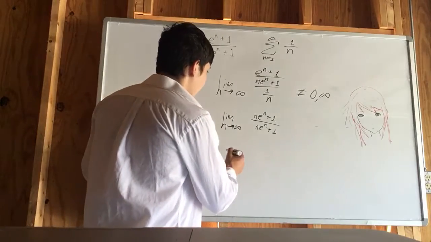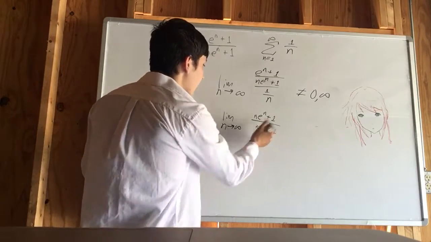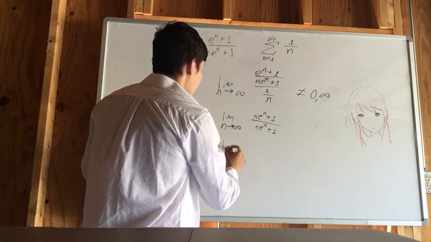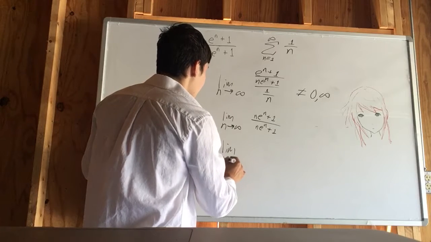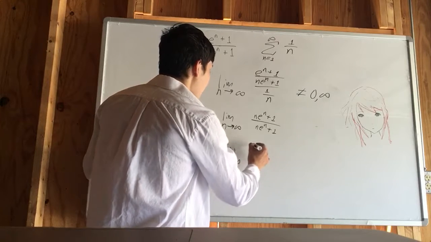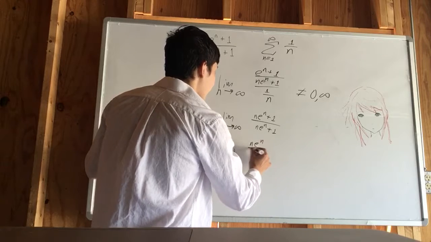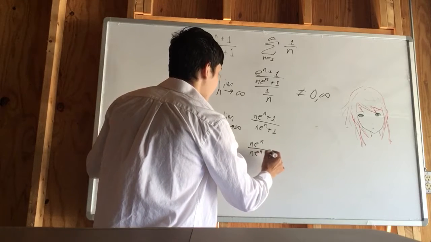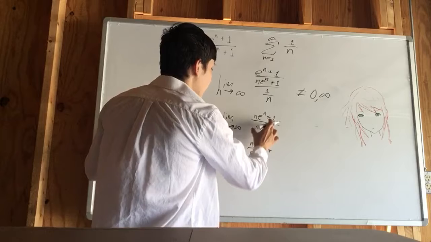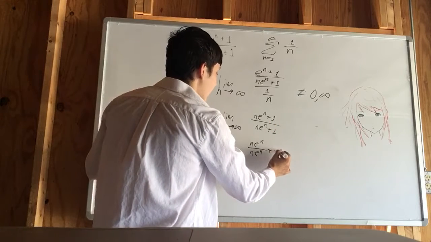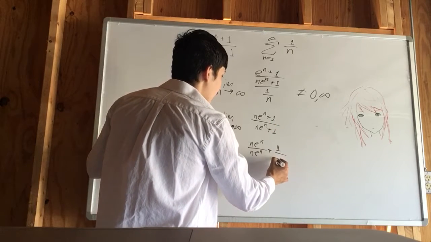So let's see. What is this? So now we can just divide. This one turned out to be quite easy. Limit as n approaches infinity, we divide n e to the power of n by n e to the power of n, because that's just our common thing we have in numerator and denominator, and it's the largest power.